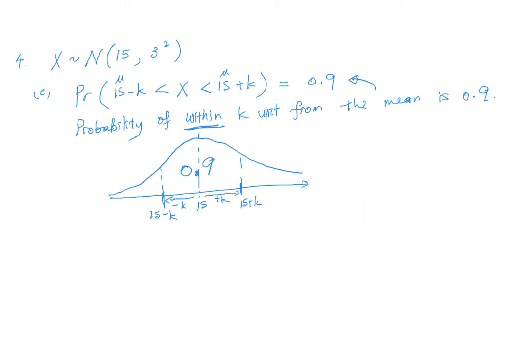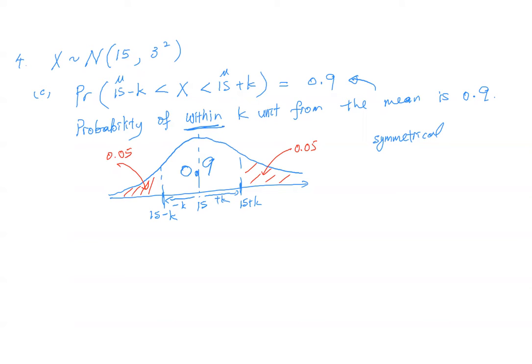So now, how am I going to get the answer? Okay, if I write this area as 0.05 and this area also 0.05, do you know how I get the answer? Remember, it is always symmetrical. 0.9 plus 0.05 plus 0.05 make 1.